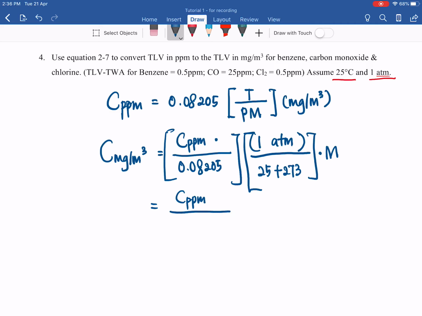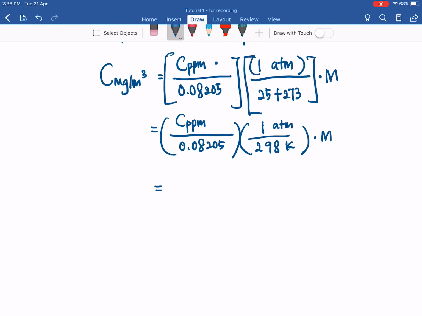Okay, so again we have 0.08205 times 1 over 298, this one in atm, this one in Kelvin, times molecular weight. So if we put everything down, you will have 4.090 times 10 to the power of negative 2 times concentration in ppm, times the molecular weight of your items.